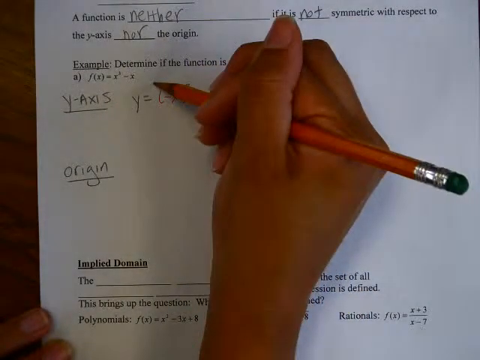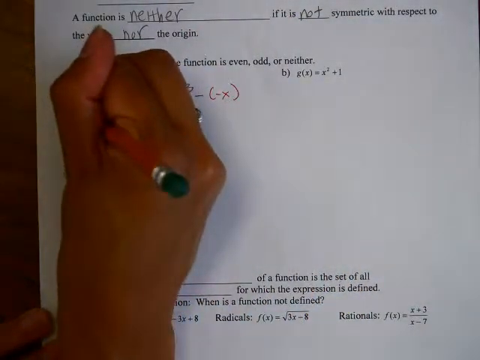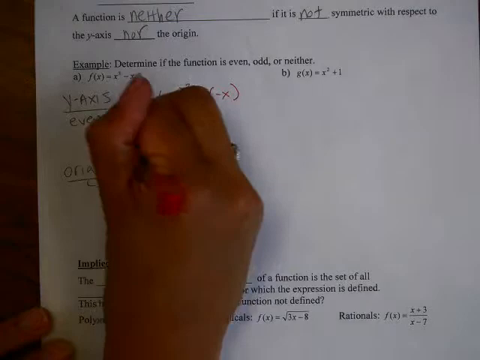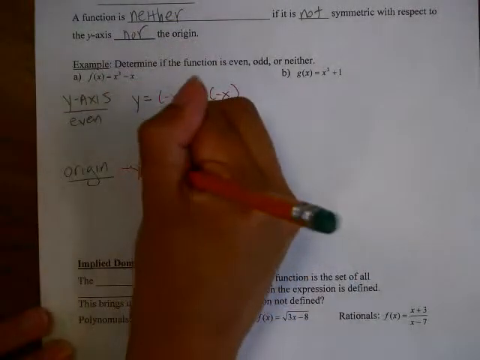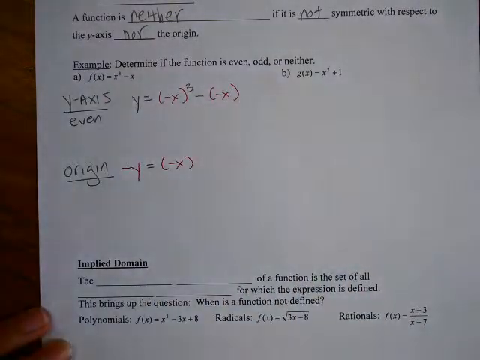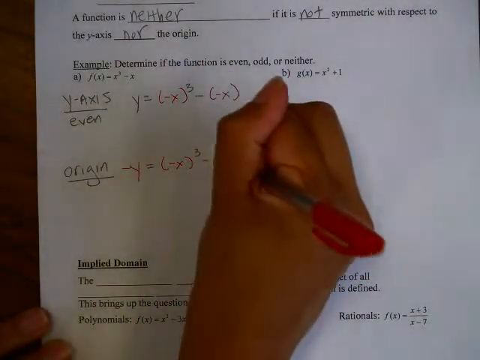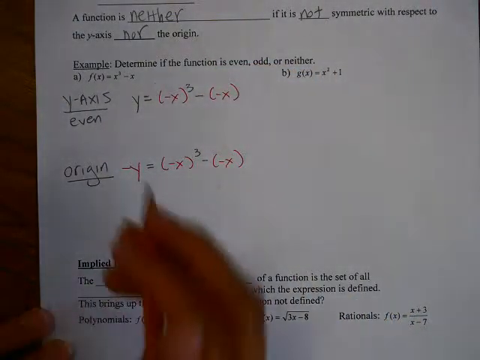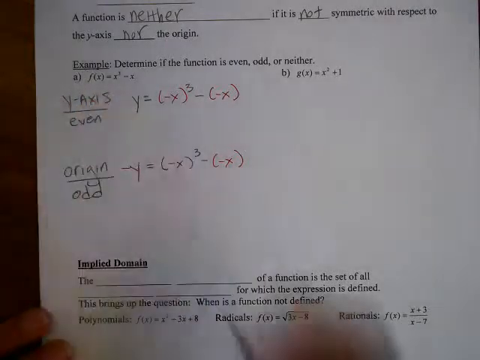If this is the same as this, then we would call the equation even. Otherwise, we check for origin symmetry. Remember, that's where you replace both the x and the y. Compare this one to this one, and if they are the same, then it is an odd function.